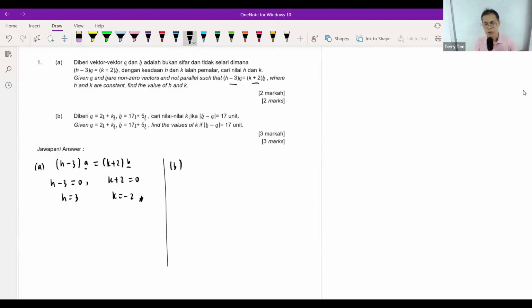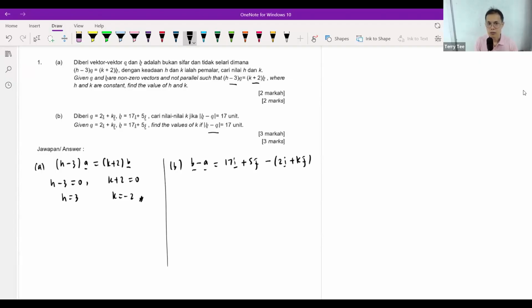Okay, the second one involves vectors in the Cartesian plane, where you're given vector a and vector b, and you're supposed to find the value of k if b - a has a magnitude of 17 units. So let's find out what b - a is. Your b is 17i + 5j, minus your a, which is 2i + kj.